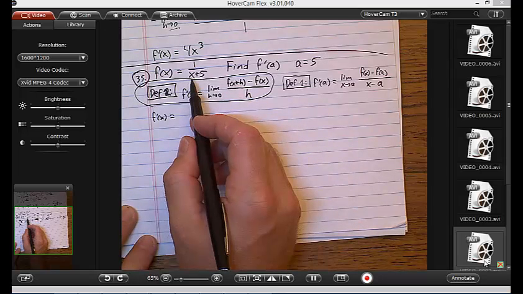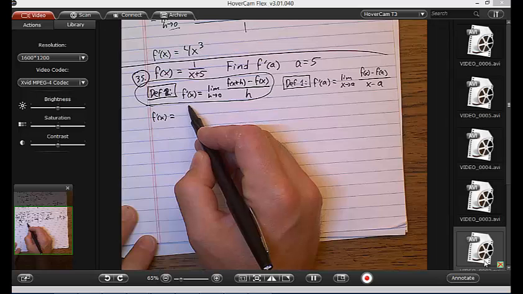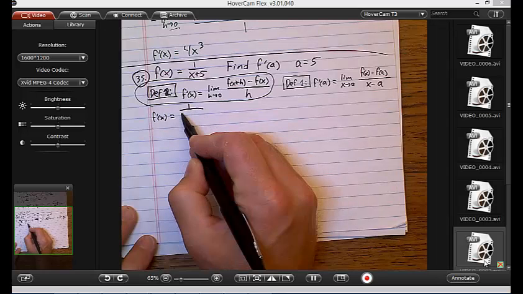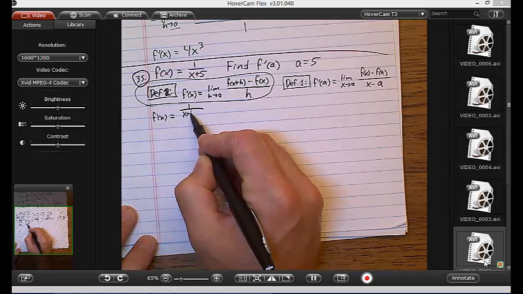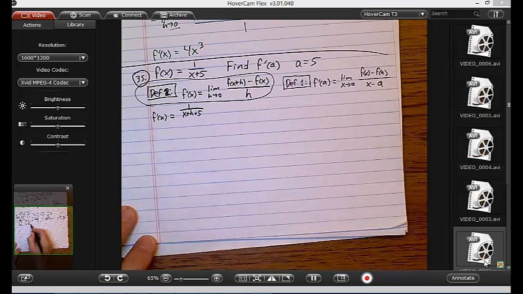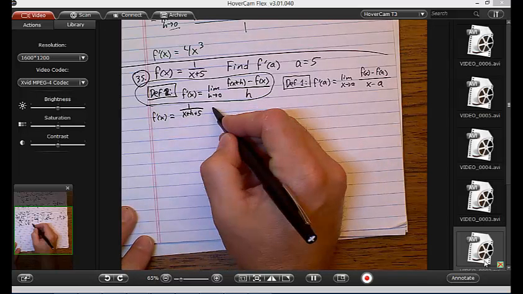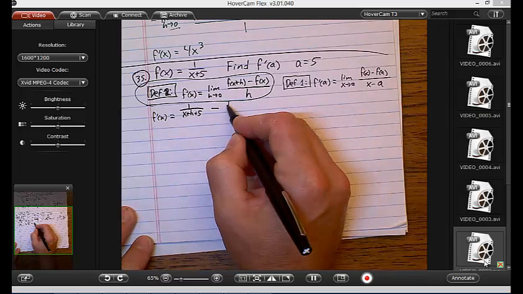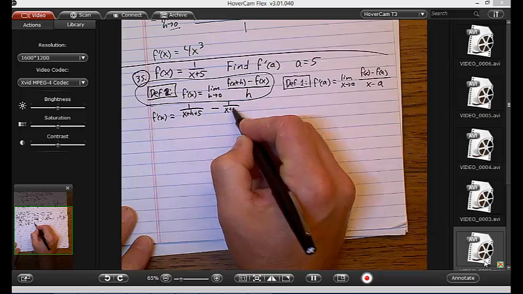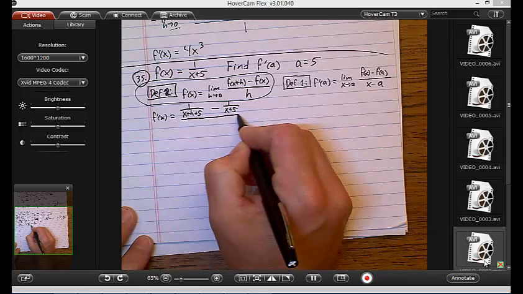That means where it used to say x, we want to throw in x plus h, right? Minus f of x, all over h.